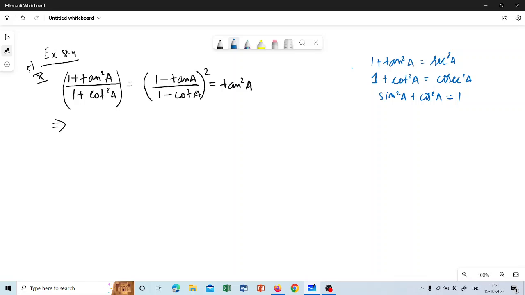These are the three identities. This last one is universal, valid for all angles, but these two are valid only when the angle is between 0 to 90 degrees.